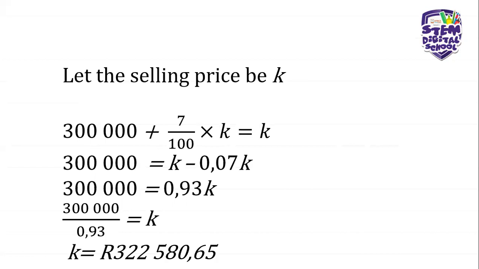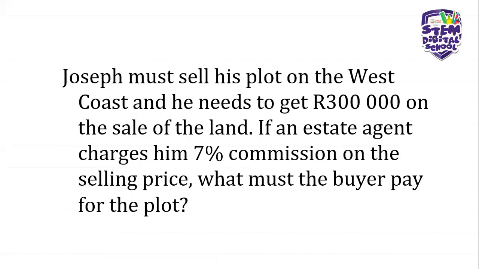So let the selling price be K. Now that we know the selling price is an unknown, because we don't know what the selling price is, that is what we need to find out. That is what the question wants. So what must the buyer pay for the plot? The buyer has to pay a particular amount. In this amount, 300,000 rands will go to the seller, in this case, Joseph.